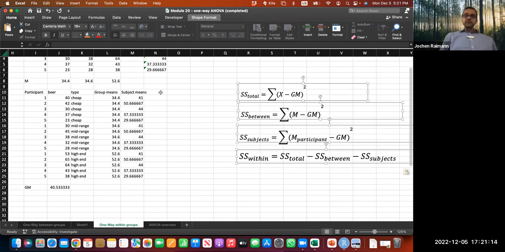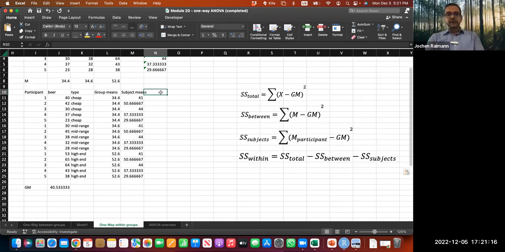So if we do this calculation now, we're getting x minus gm squared, which is essentially the individual x, oops, parentheses, individual x minus the grand mean of 40.53 gets you an individual x.